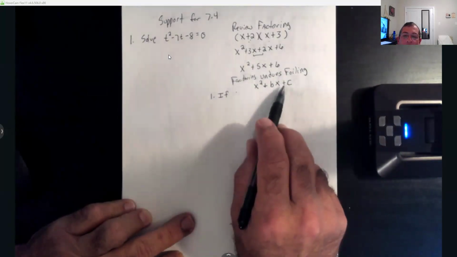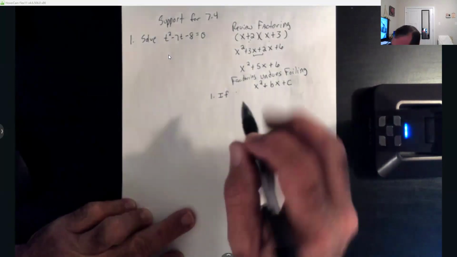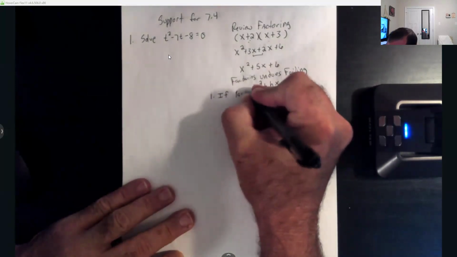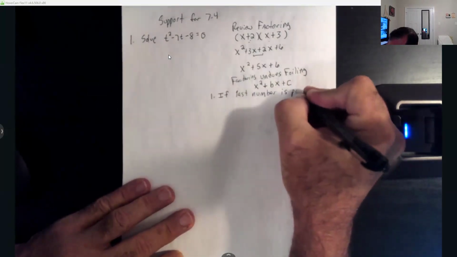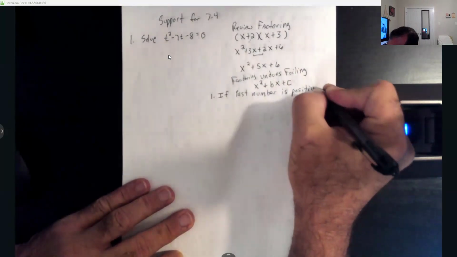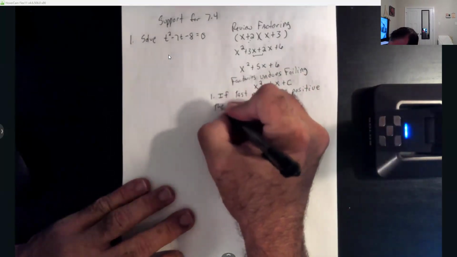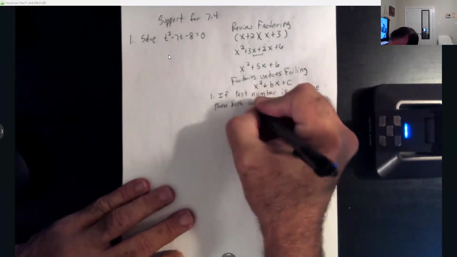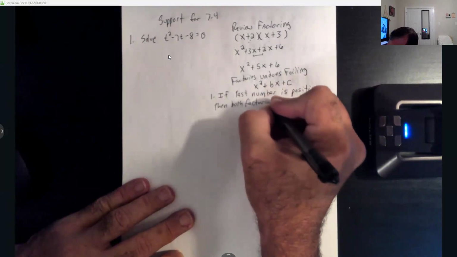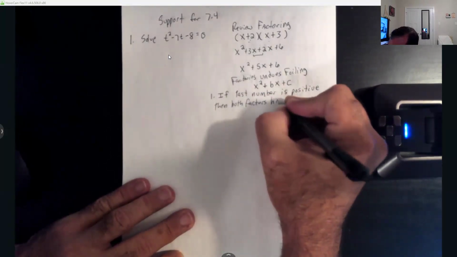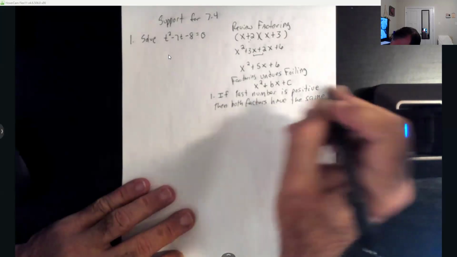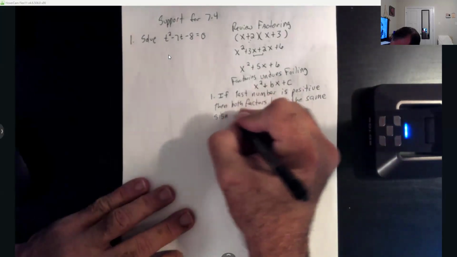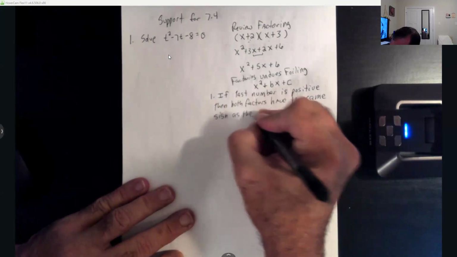So if the last number is positive, then both factors have the same sign as the middle number.